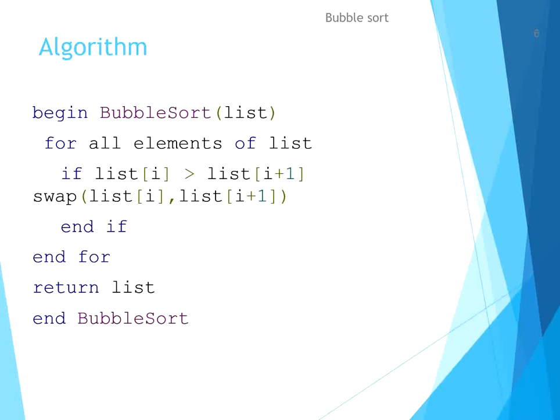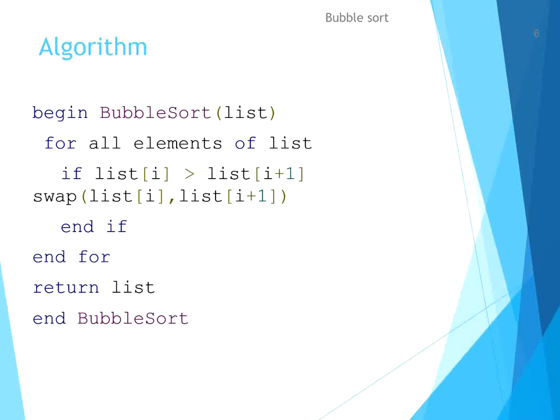It's very simple. It's very easy to understand. You can see we can bubble sort a list. We have any given list of numbers, and for all elements of the list we traverse from index 0 to n. If list of I is greater than list of I plus 1, so here we compare the element at position I with the element at position I plus 1, which means we are comparing adjacent elements.